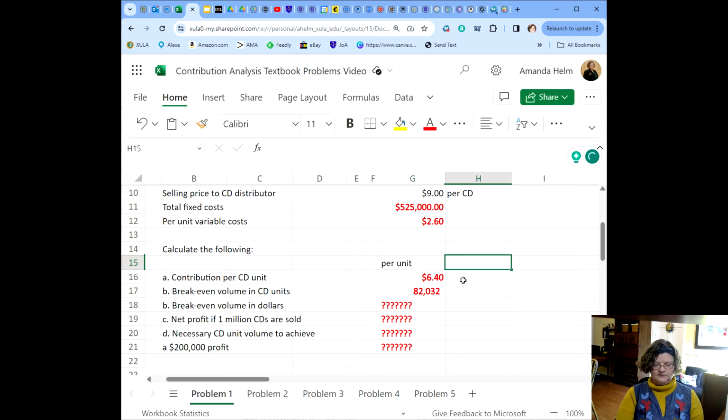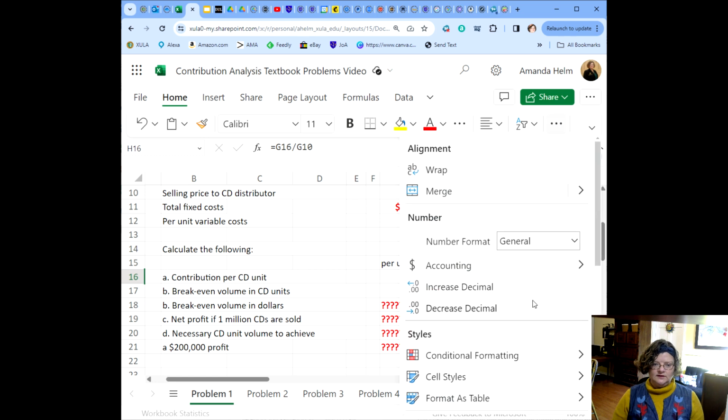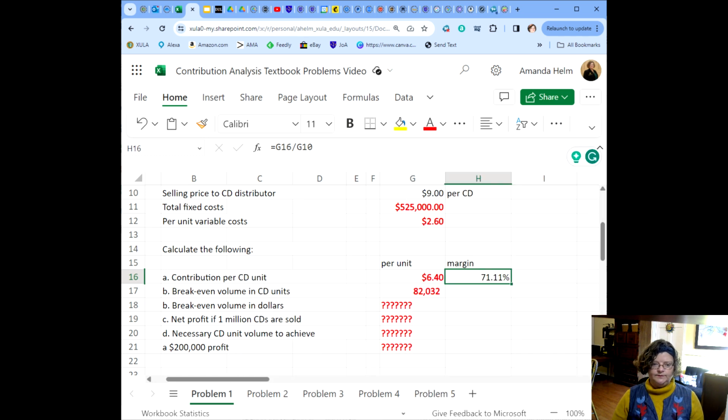Per unit and margin. So all I have to do to calculate the margin is take the 640 per unit contribution divided by the selling price, and let's make it a percent.